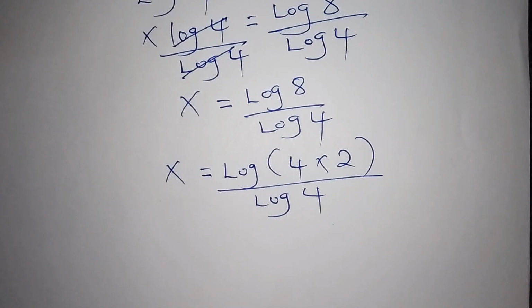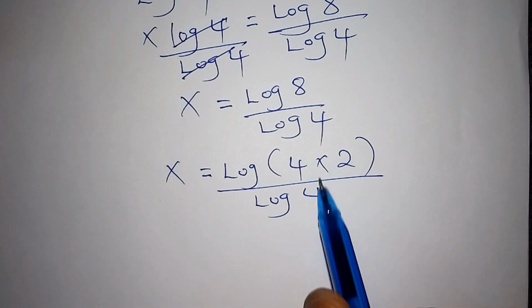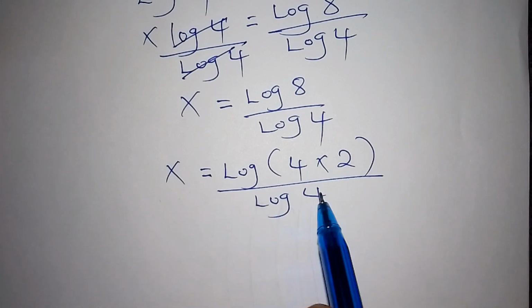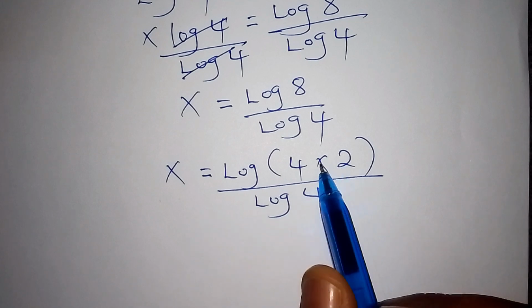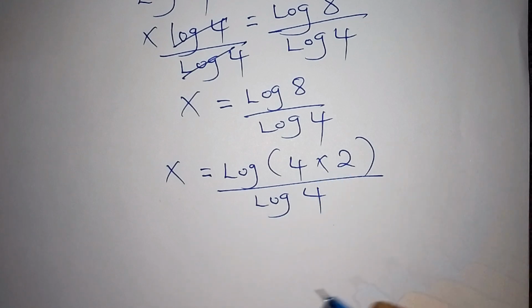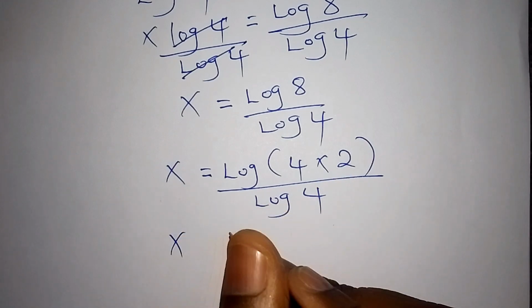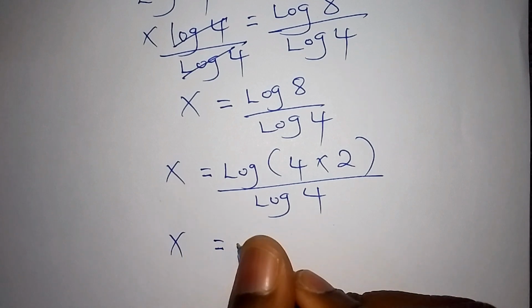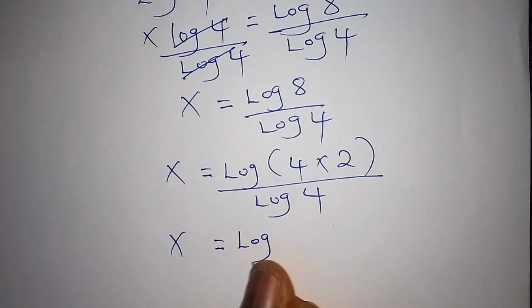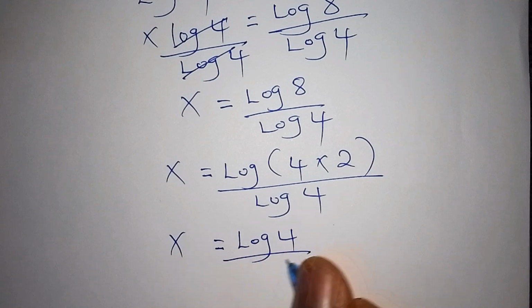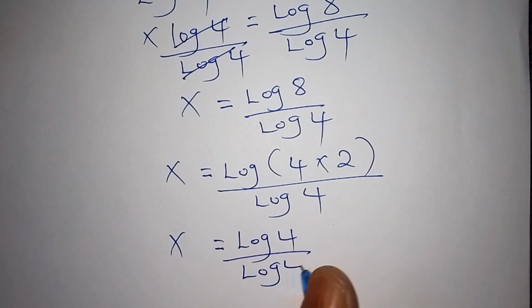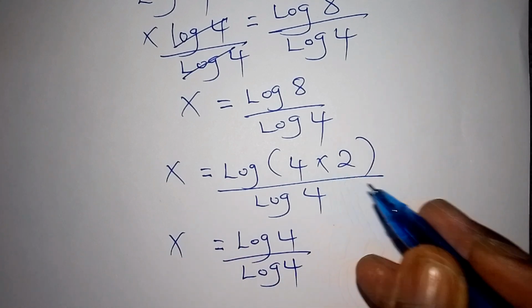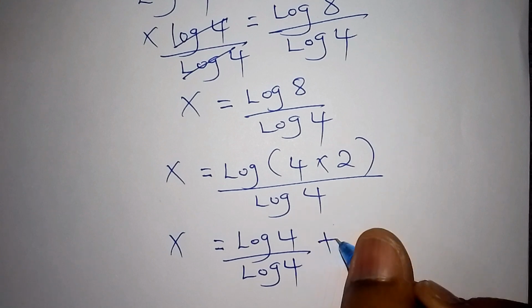So now when we separate them, according to the rule of logs, the multiplication sign will change to addition. So now x is equal to the log of 4 all over the log of 4 again, then from there, the multiplication will change to addition.